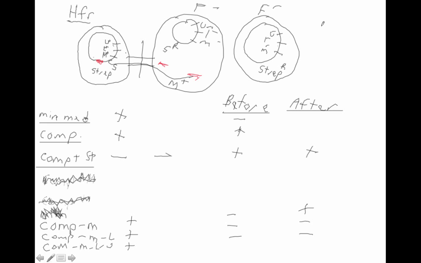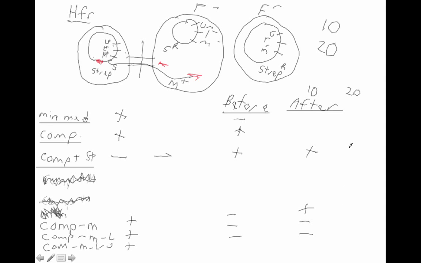Let's say that we let this experiment go 10 minutes. What if we redid the experiment and we let it go 20 minutes? And let's say, because we're making up the rules here, this is our make-believe experiment, that's enough to get the methionine and the leucine gene through here. So let's just go 10 here for 10 minutes, and then this one's going to be 20 minutes, like so.